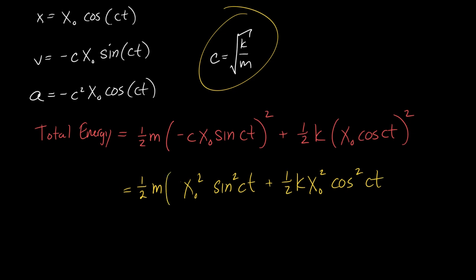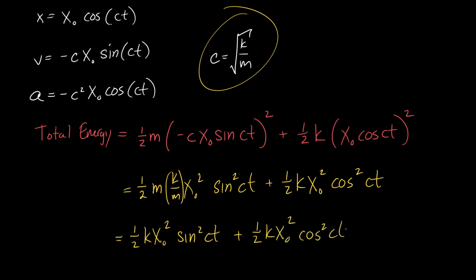So that's k over m. Do you notice on the left side the m cancels out there? So I'll get 1/2 k x naught squared times sine squared ct plus 1/2 k x naught squared times cosine squared ct.